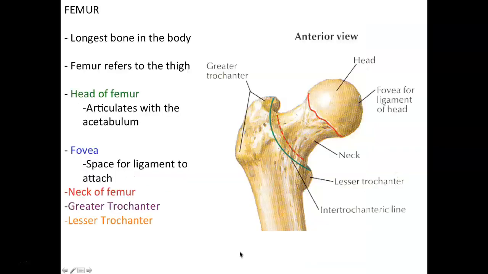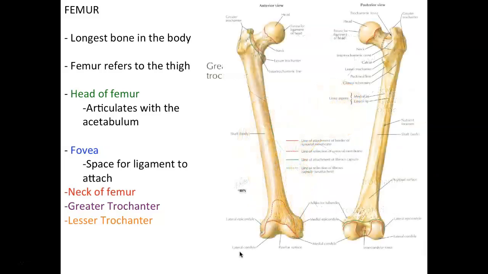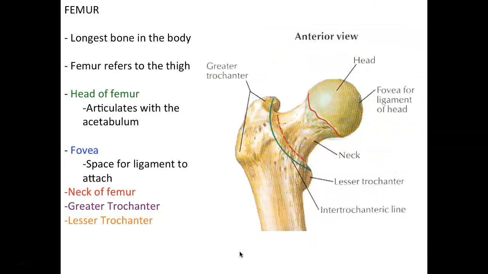So let's continue on with our femur. This is the longest bone in the body. Femur means thigh in Latin, and we're going to see the head of the femur is a nice spherical structure that will articulate with the acetabulum that we just saw on the os coxa.